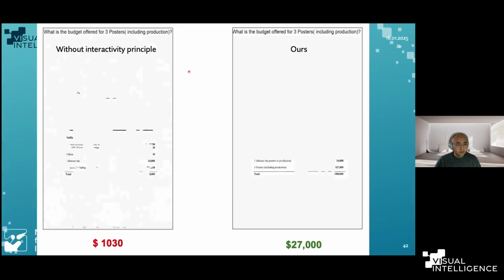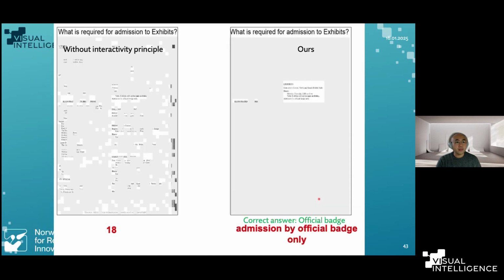So I brought a few results. This is a result without the interactivity principle. The question is, what is the budget offered for 3 posters? The answer is 27,000. It doesn't make a good prediction, but at least ours tries to show a very, let's say, stable mask with good accuracy. Another example, but for this one, our model even makes a wrong answer.